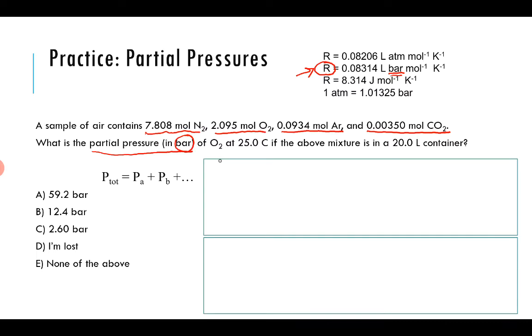Next, I know that PV is equal to nRT. Since I'm looking for the partial pressure of O2, I can just focus in on O2. So I have to isolate P on one side of the equation by dividing both sides by V. The V's cancel out.